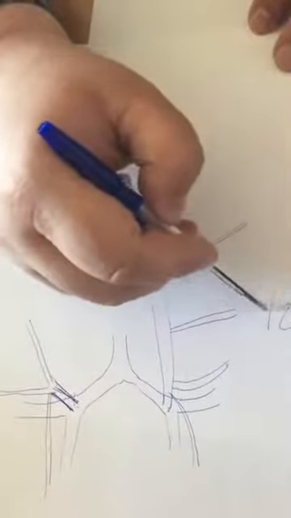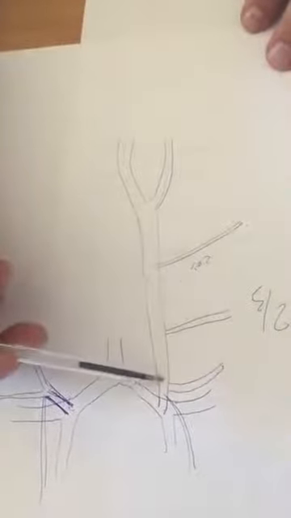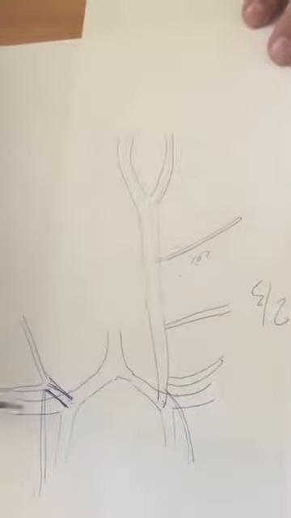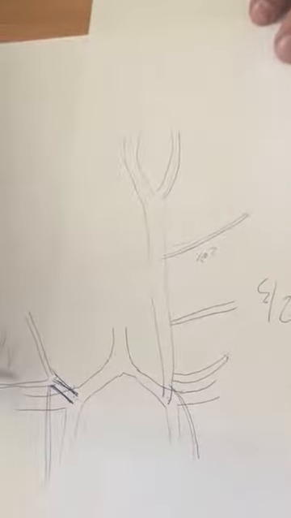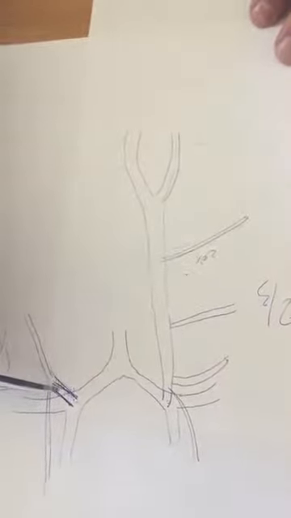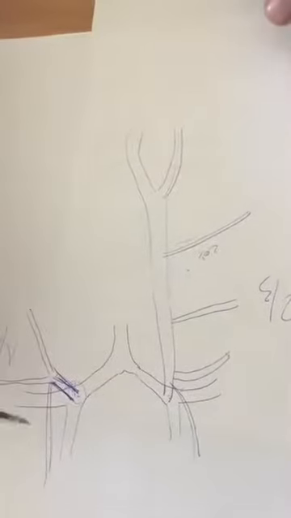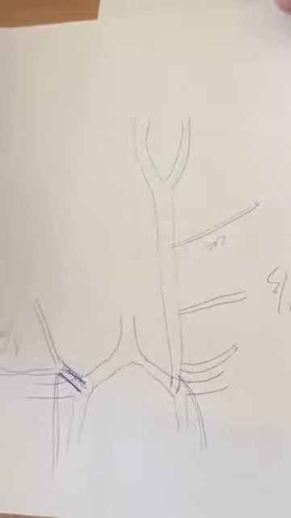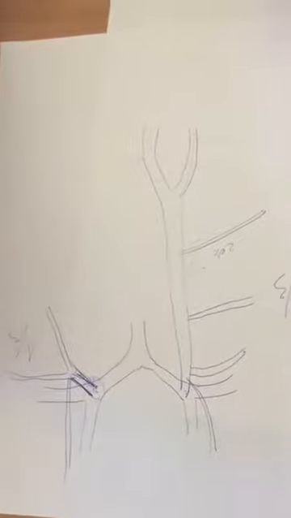Two-thirds of lymph flows through ductus thoracicus into the left venous angle, and 1/3 of the lymph through the right lymphatic duct opens into the right venous angle.